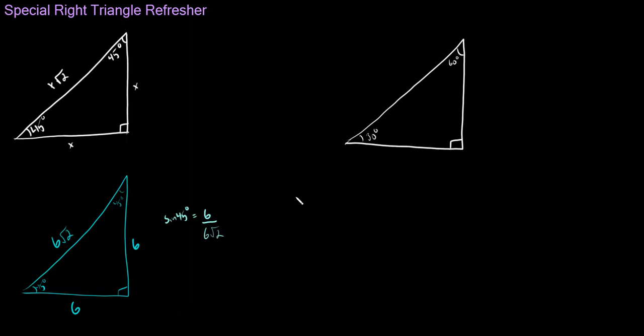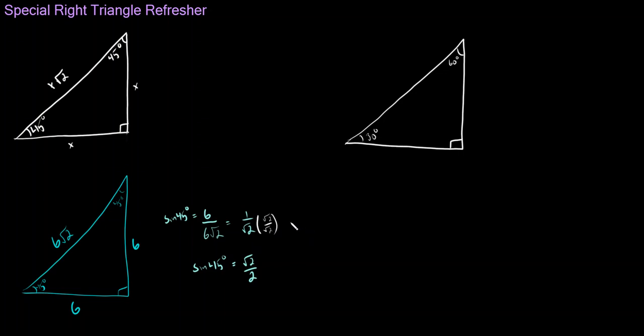Remember, I can't have a radical in my denominator, and I can also simplify this. 6 over 6 is 1, so that becomes 1 over root 2. Since I can't have a radical in the denominator, I'm going to multiply by root 2 over root 2, which gets us that sine of 45 degrees is the square root of 2 over 2.